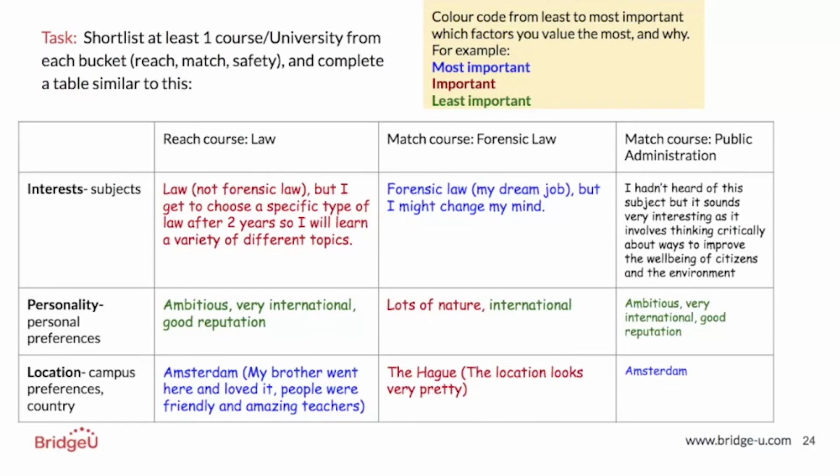And remember also to aim to research on a course that you haven't heard of. You're also going to highlight what are the most important parts of this table for you, and also the least important. So this is my example of 3 different courses that I found. It's your turn now. Good luck.